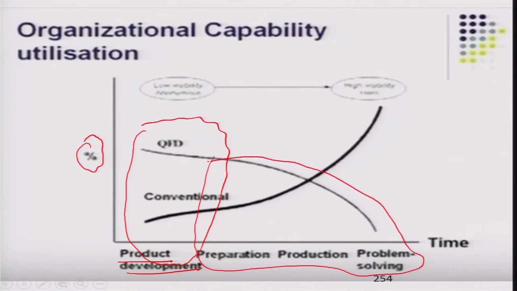In all the other ends, for example, preparation for production to start or problem solving to happen. Whereas in conventional, as all the other things come into picture, there are relative learnings through which design improvements happen, and every time you have to put in a lot of capacity utilization.